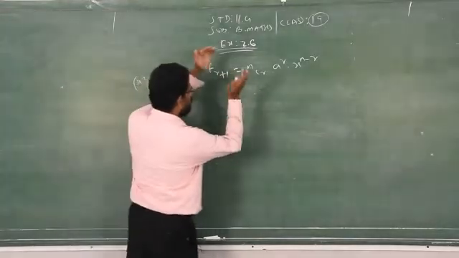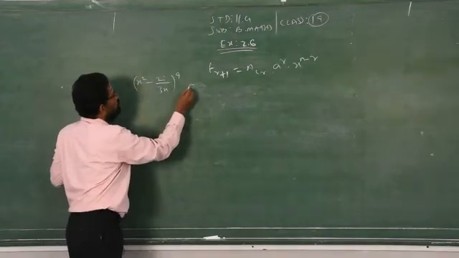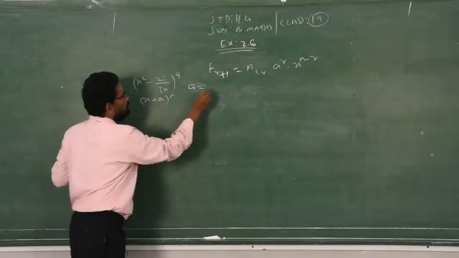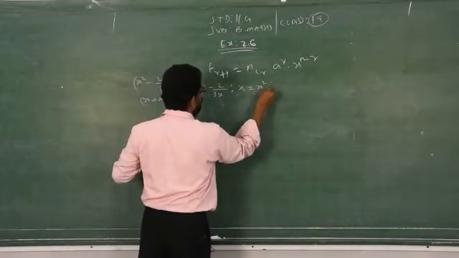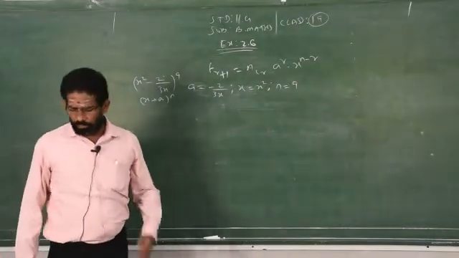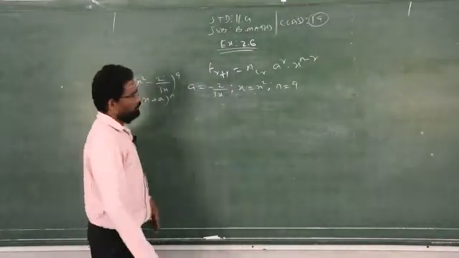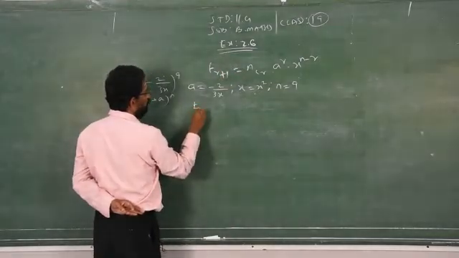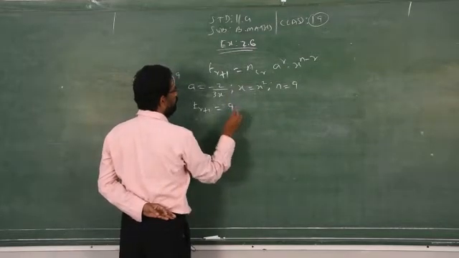To find the independent term or constant term, you have to use this formula, for which you have to find out what A is. Compare with the general formula: A is minus 2 by 3x, x is x square, and n is 9. Just compare the general formula with the given one and replace in the formula T r plus 1 equals 9C r.